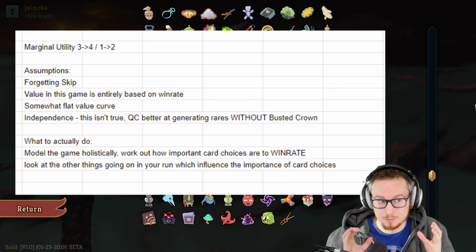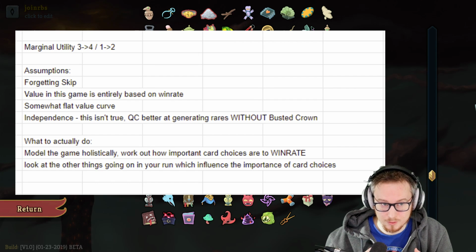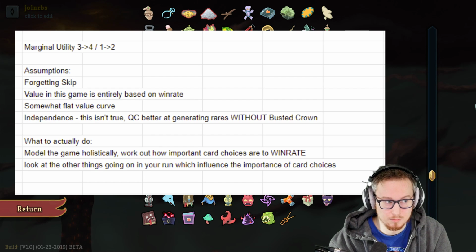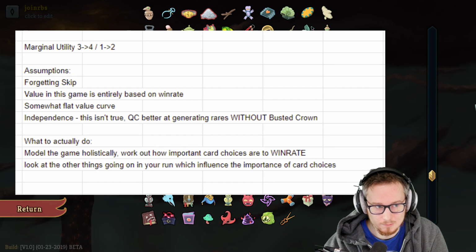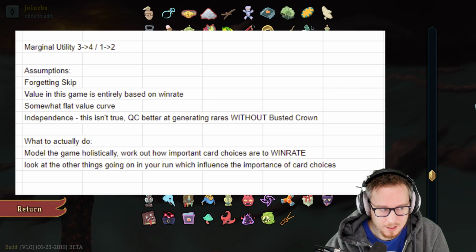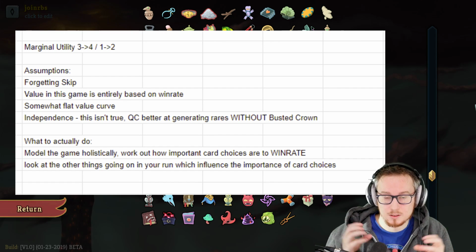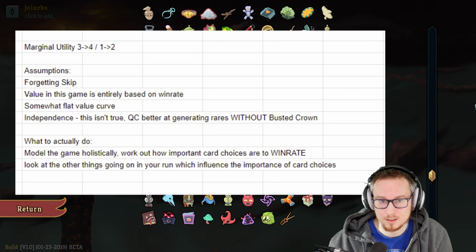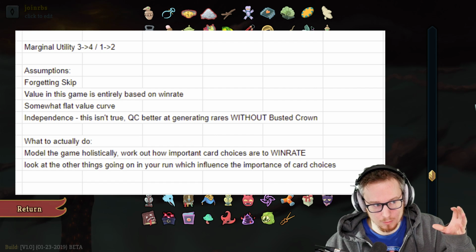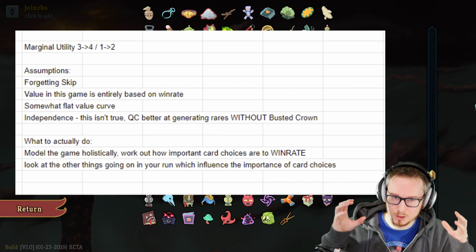So when they come to a new thing, Slay the Spire is a new game, right? You cannot possibly have spent your entire life playing Slay the Spire because it's a new game. So you come to this new place and you're looking for patterns to connect and ways to start to make sense of things. And so you see Question Card gives you +1 card, Busted Crown takes away 2 cards.